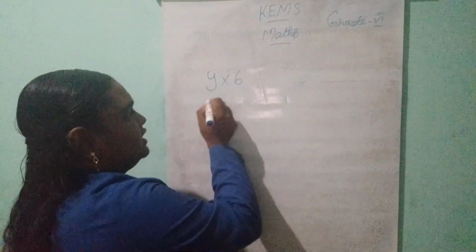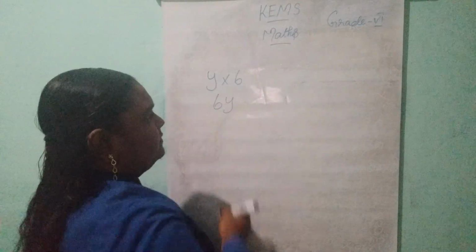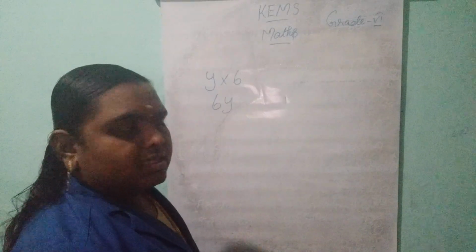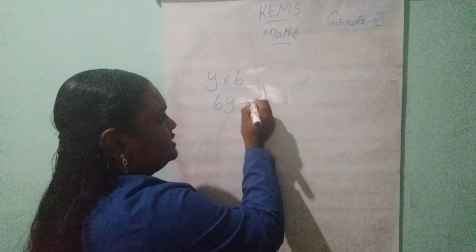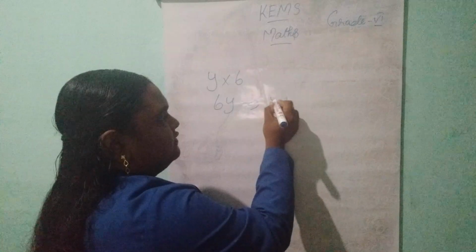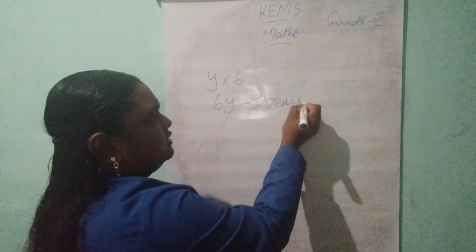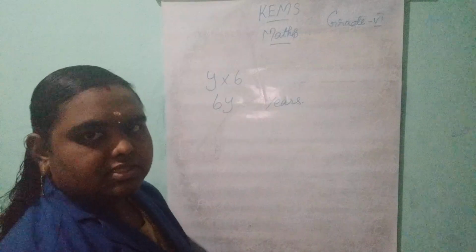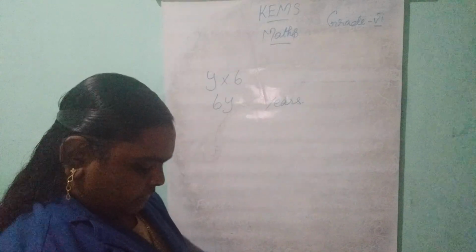Y into 6, we can write it as 6Y. So the grandfather's age is 6Y years.